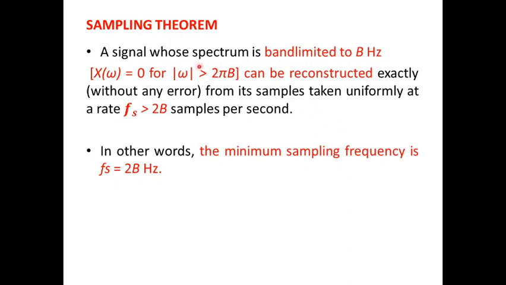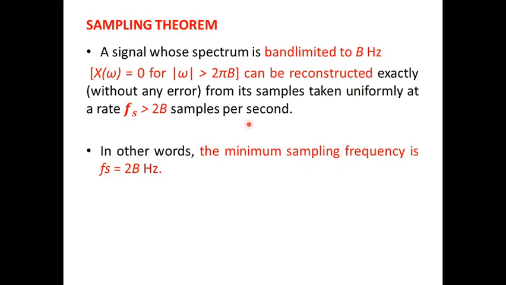A signal whose spectrum is band limited to B hertz can be reconstructed. Ultimately, after sampling, we need to reconstruct the signal. This reconstruction is possible without any error from its samples taken uniformly at the rate of fs greater than 2B samples per second.